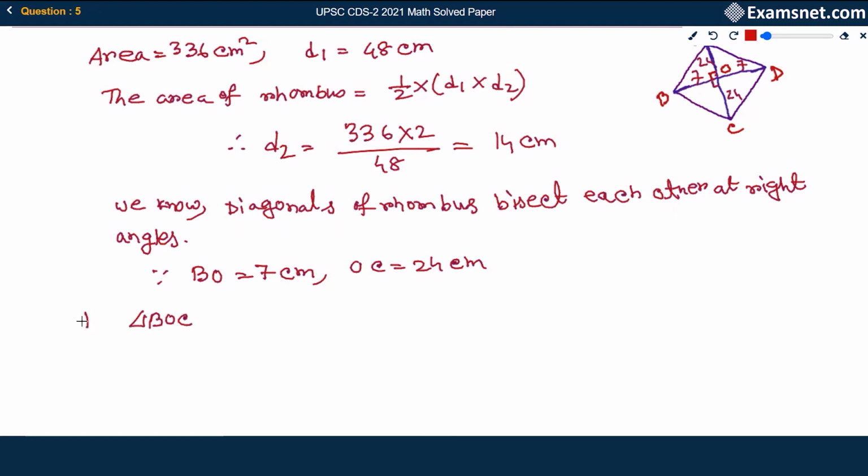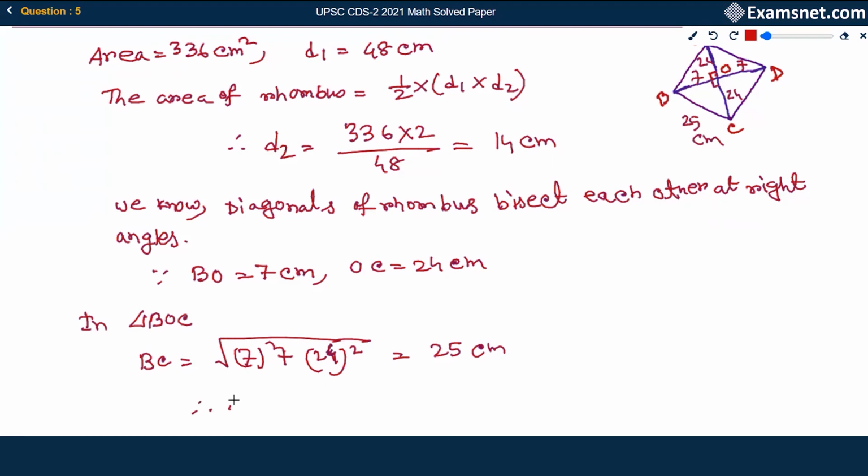So in BOC, we can apply Pythagoras theorem, where BC equals root under OB square, 7 square plus 24 whole square. According to Pythagoras theorem, this will give us the value 25 centimeter. This is the length of a side of the rhombus.